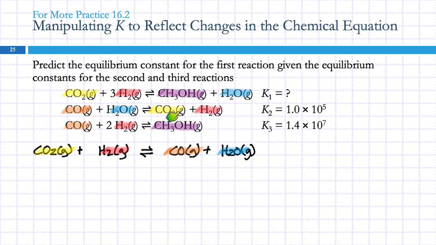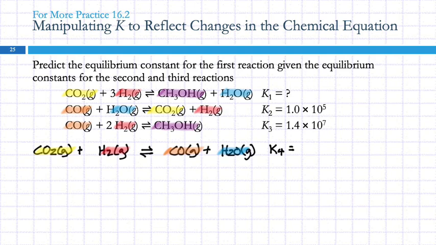So yellow and red were products, now yellow and red are reactants, orange and blue were reactants, and now they're products. Okay, so let's maybe call this K4.